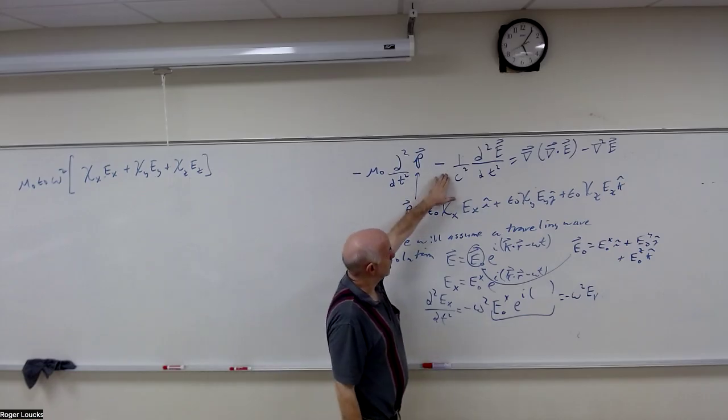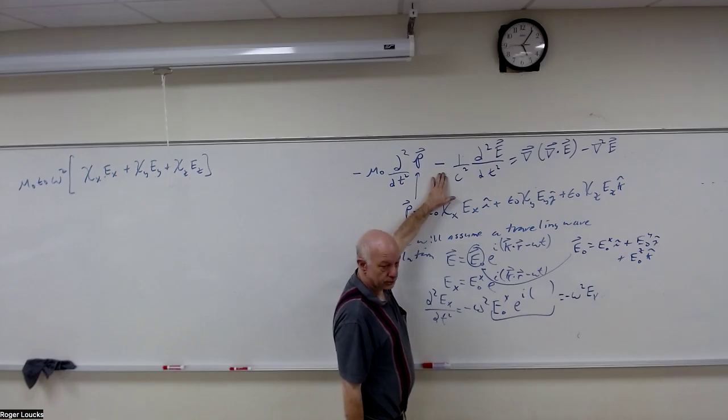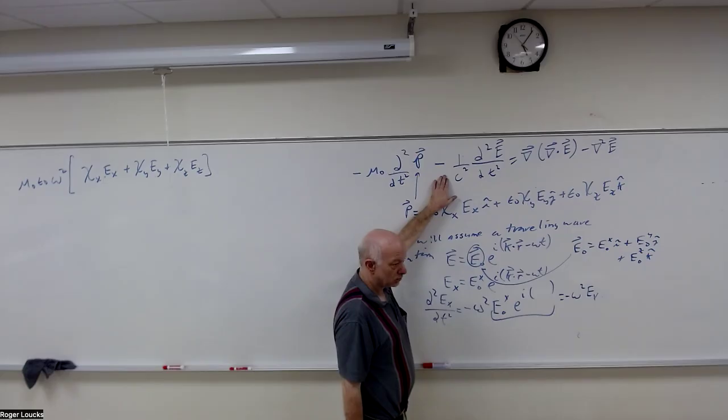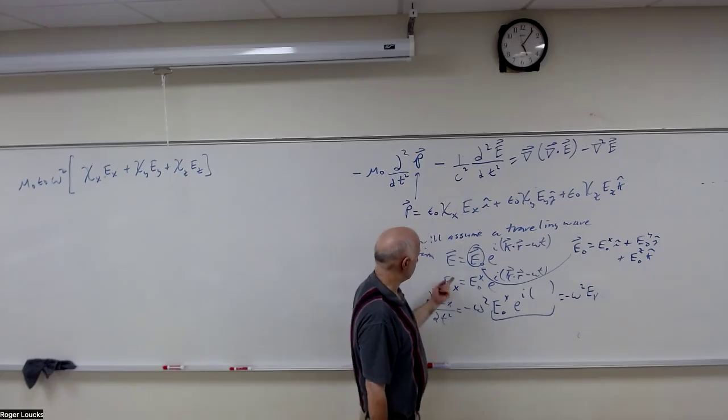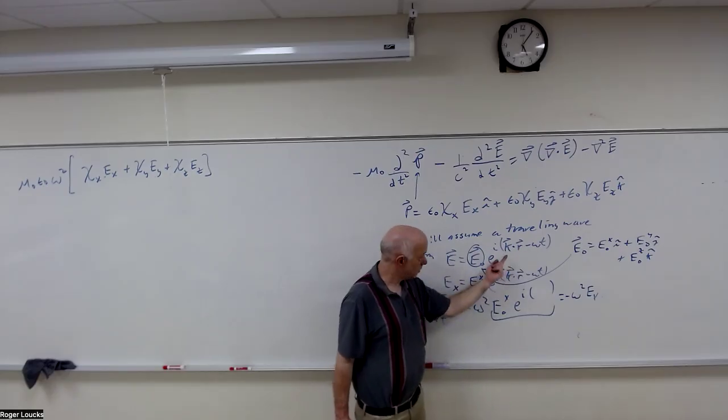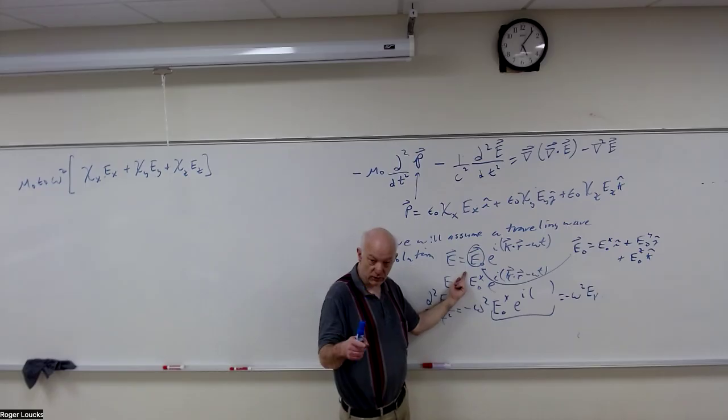What does this term here become? That makes sense? If I take a time derivative of this fellow here, all it does is put on a minus i omega once. I take another one, it does it twice.